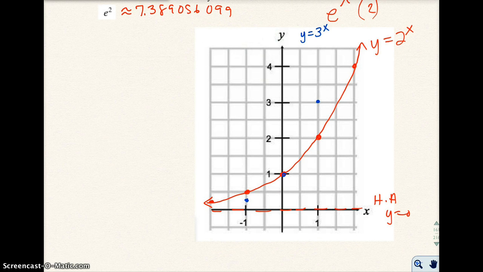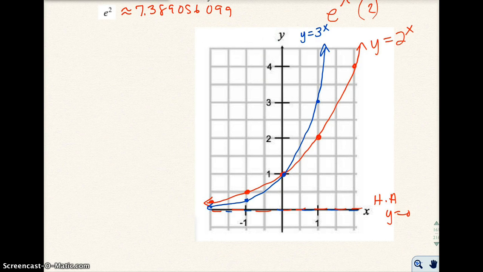I do negative 2, it would be 1/9. And the horizontal asymptote is still the same, y equals 0. Let's go ahead and graph this. And that's 3 to the x.